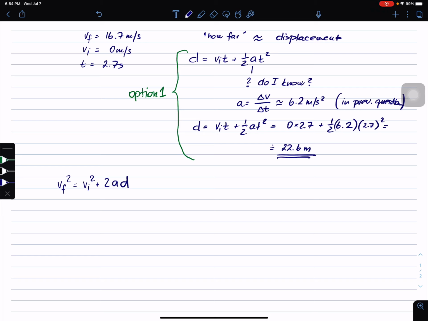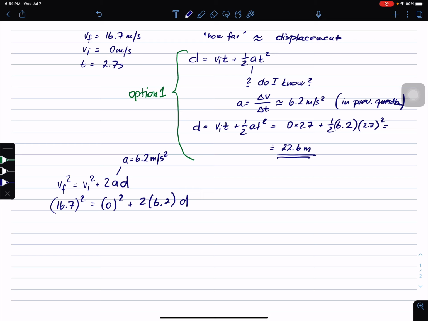Again, I would have to rely on the calculation of this value that we did in the previous question, which is 6.2 meters per second squared. And so then I know final velocity is supposed to be 16.7 squared equals 0 squared plus 2 times 6.2 times d. Now this is where I want to show you.